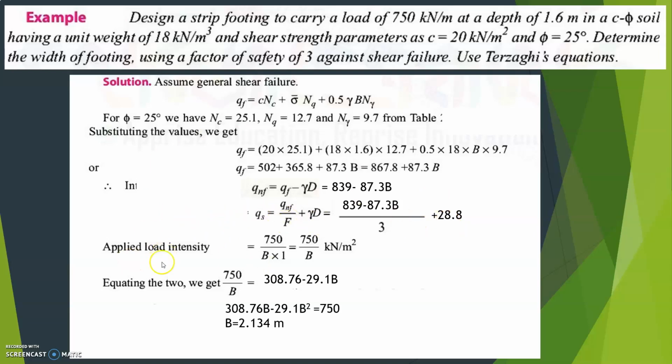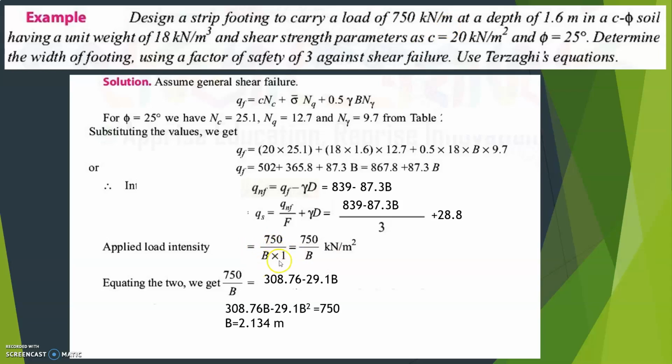Now we have load intensity. We can calculate how it is. That is nothing but the load divided by area, that gives the intensity. Now here load is given, that is 750 kilonewton per meter, means per meter width it is. So that is 750. Area, here for a stiff footing, is B into 1, okay, for 1 meter length.